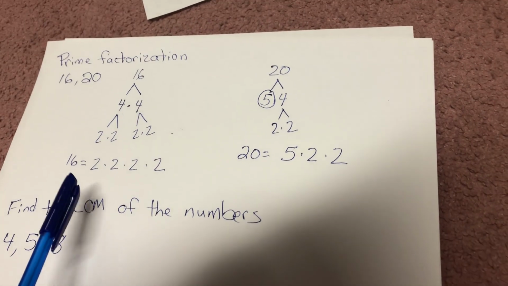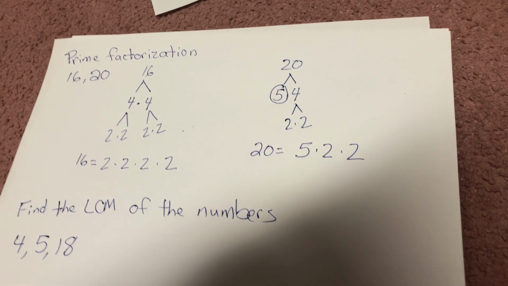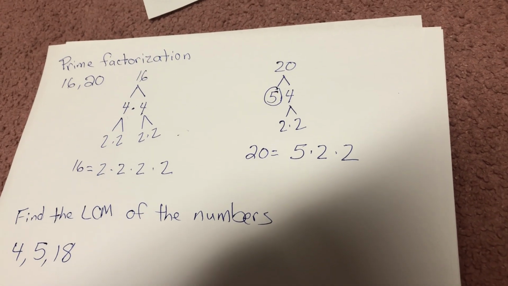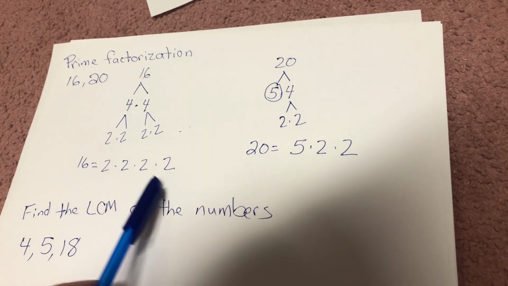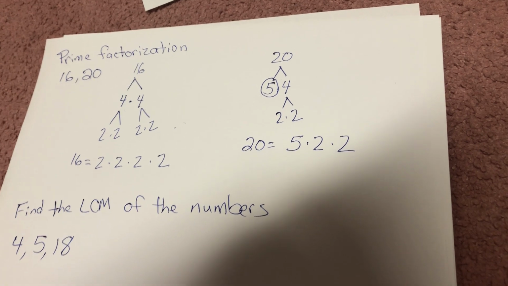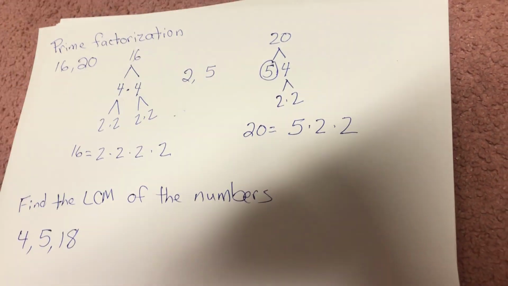Now, how do I use these prime factorizations to figure out what the least common multiple is? So, first of all, I'm looking at what the different numbers are. Here I have a bunch of 2's. Here I have a 5 and 2's. So, my two different numbers that I'm working with are 2 and 5.